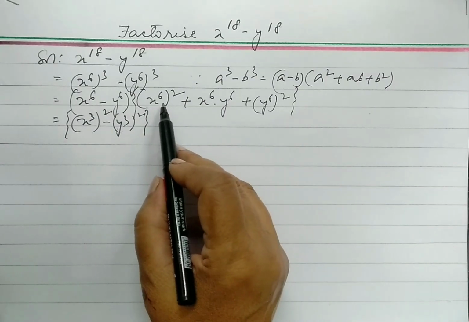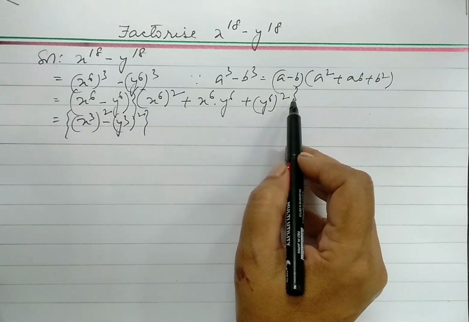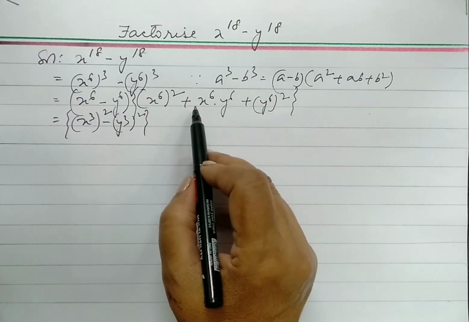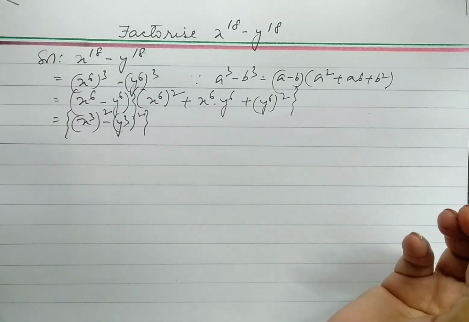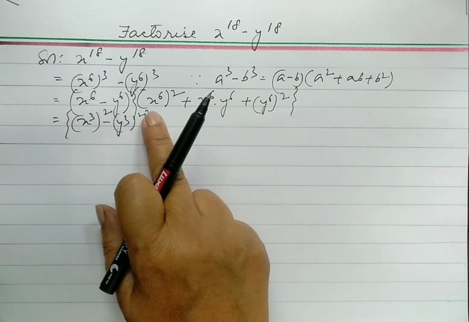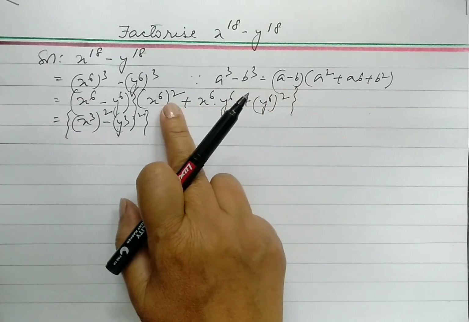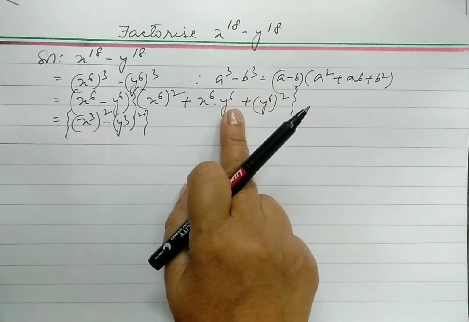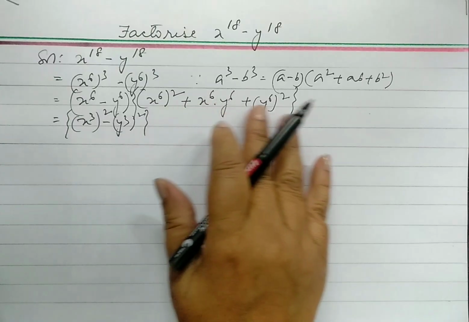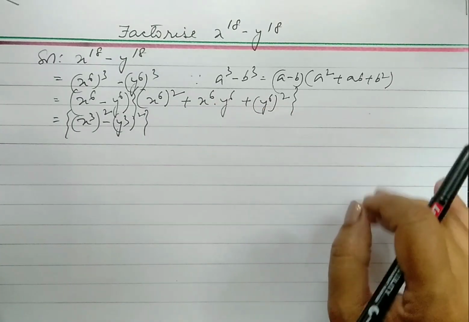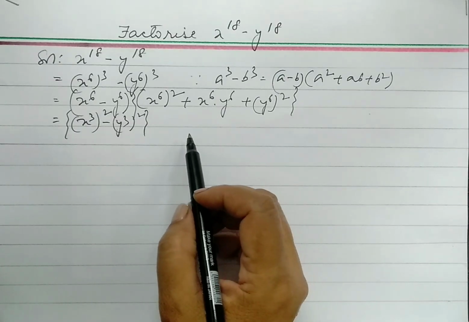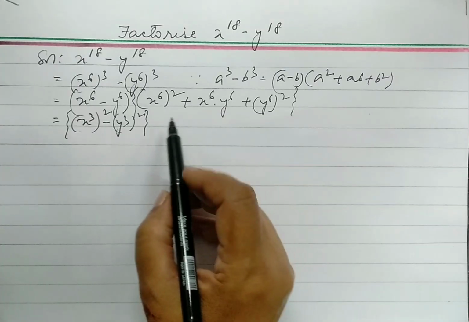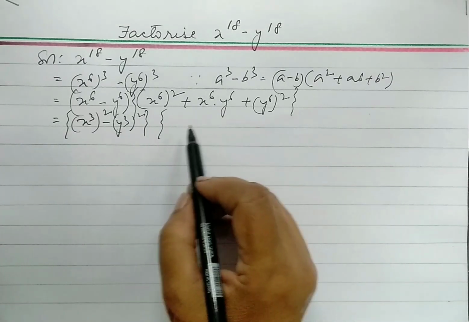Here we already have A square and B square, but we do not have 2AB here. If we consider this as our A and this as B, we need A square plus B square plus 2AB. We need to do this simultaneously in the same line so that we can save on space. So we have a trick to resolve this.